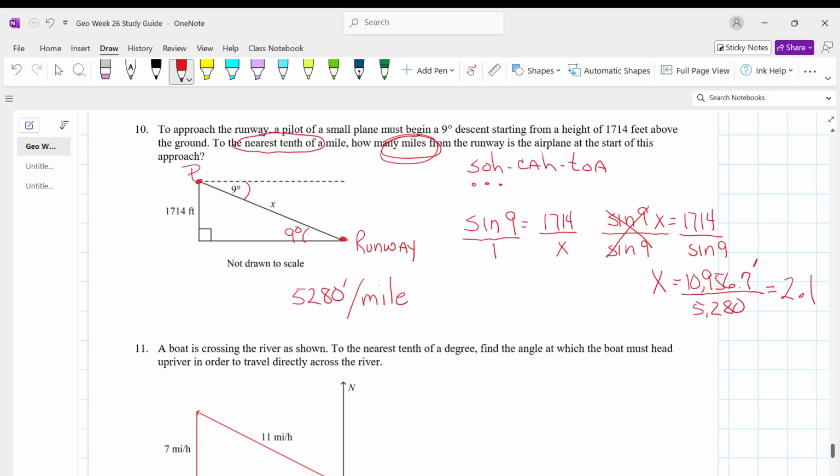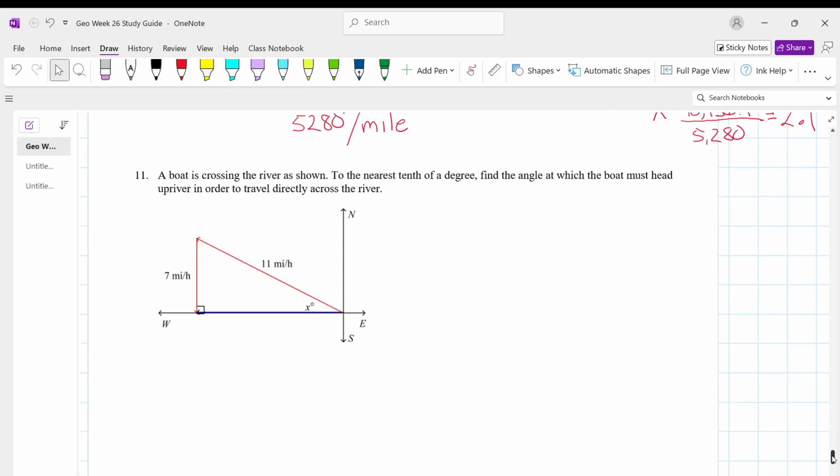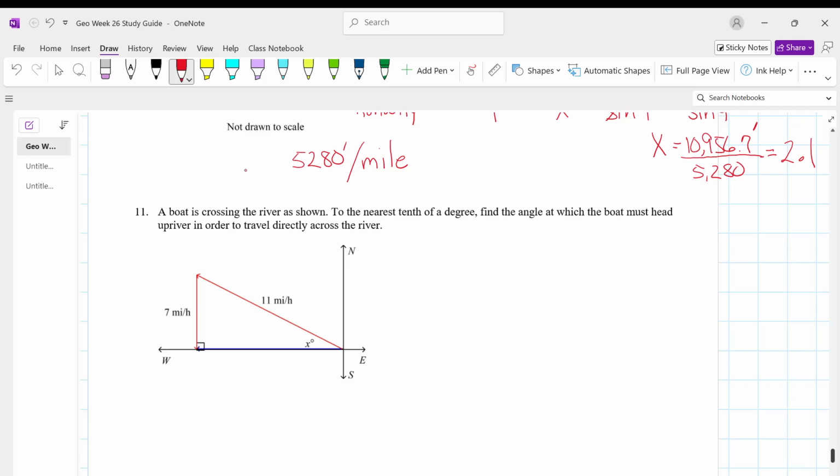All right, and problem number 11. A boat is crossing the river as shown. To the nearest tenth of a degree, find the angle at which the boat must head upriver in order to travel directly across the river. They're basically just asking you to find x. Okay? So again, this is a sine cosine tangent problem.